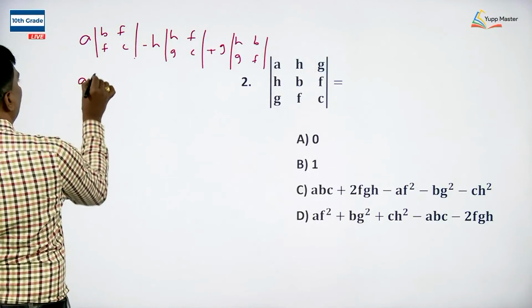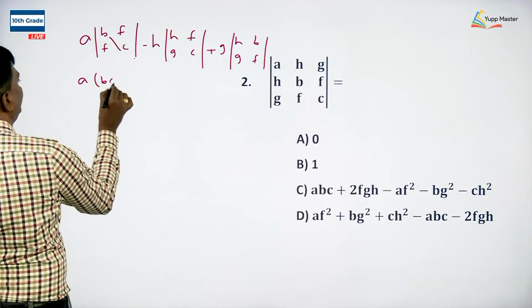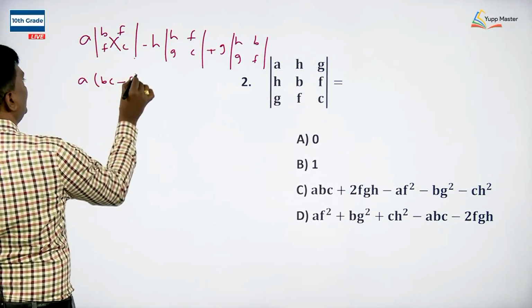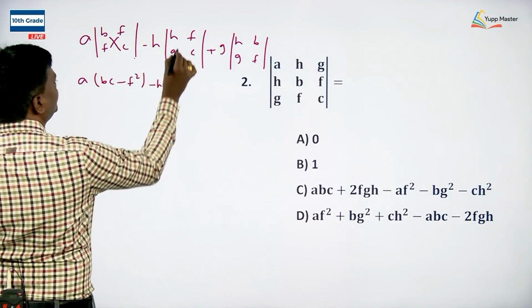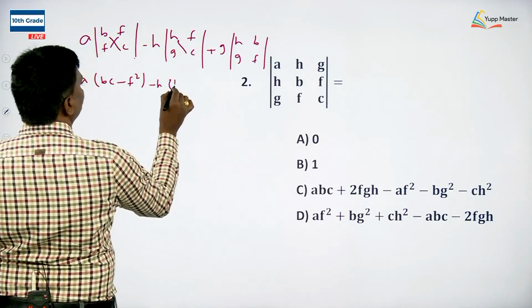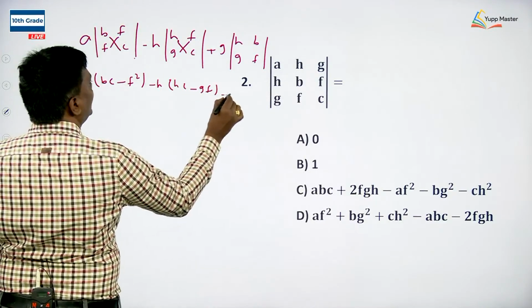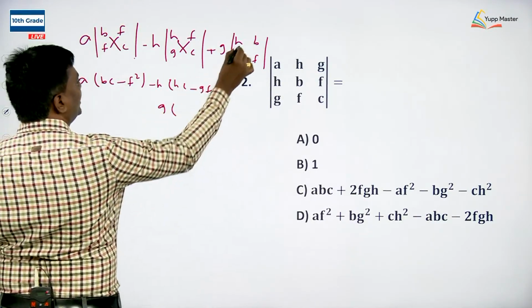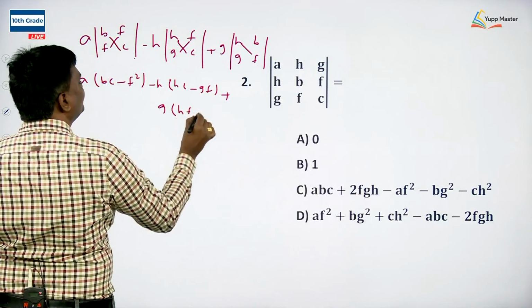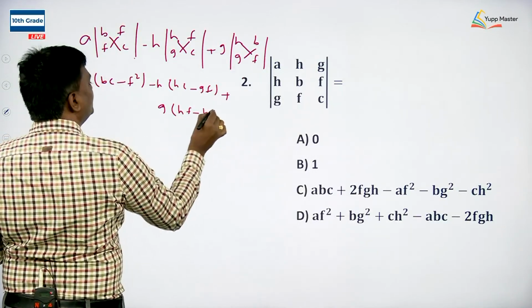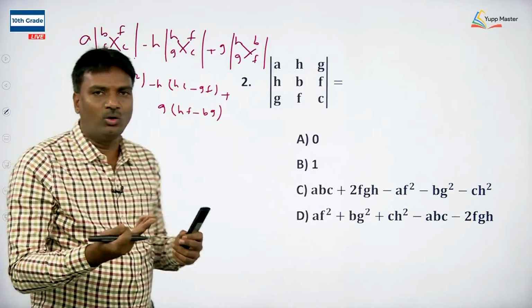You will get A into (B into C, BC minus F into F, F square), minus H into (H into C, HC or CH, minus F into G, minus GF), plus G into (H into F, HF, minus B into G). Now let us simplify that.